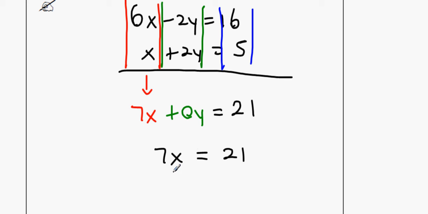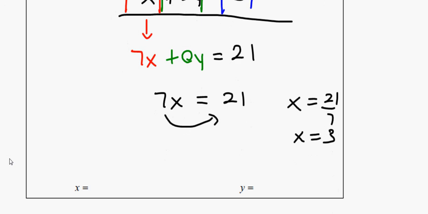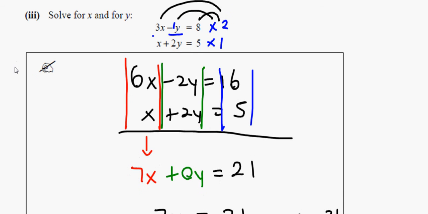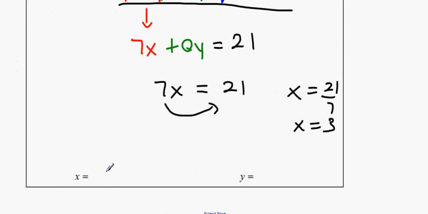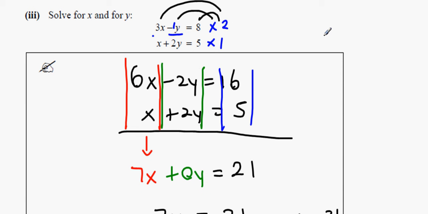Bring over the 7 on our side. x equals 21 divided by 7. And this gives us x equal to 3. Now, once you work out what x is, you have to work out what y is. So read the question carefully. What we know is that x is 3. Pick any equation you want at the start. I'm going to go for 3x minus y equals 8.